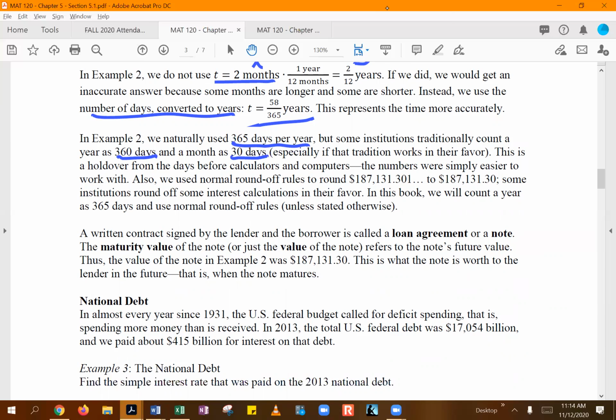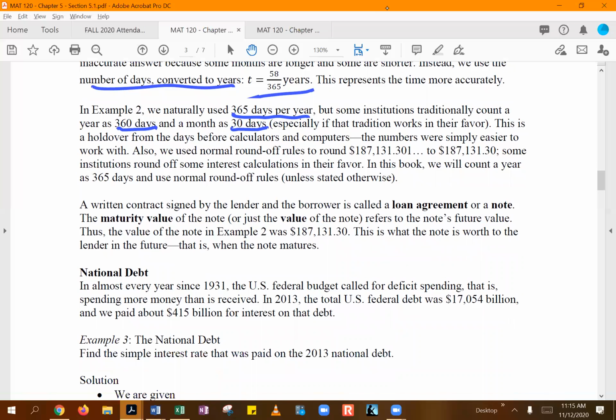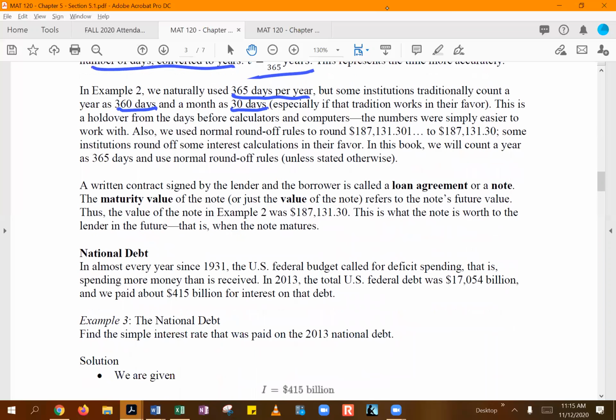They just go with the standard idea of 360 days in a year and 30 days in a month. So some institutions will go about their calculations that way. If you ever find yourself in that situation, ask them what kind of numbers they use when they're calculating these interests and future values.